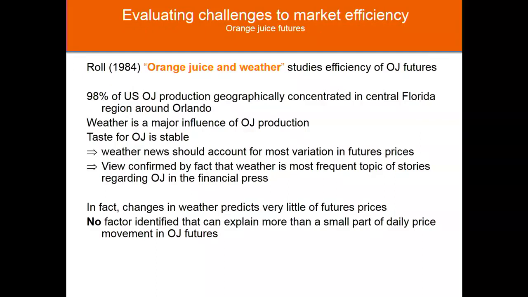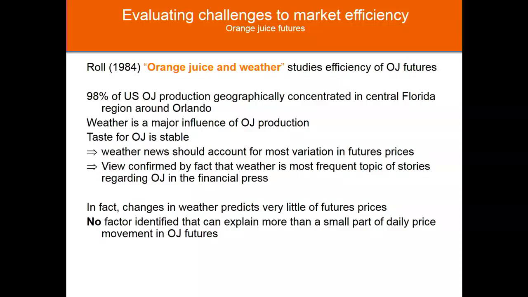So Richard Roll, in 1984, is an original NASA scientist, a rocket scientist who then came to finance. In 1984, he wrote a famous study where he looked at orange juice futures. He was testing market efficiency, and he picked this particular market because it had some characteristics that allowed him to make fairly good tests of market efficiency.